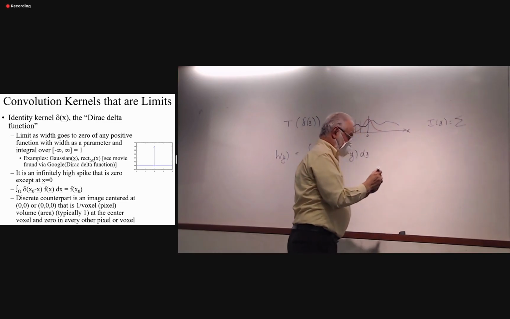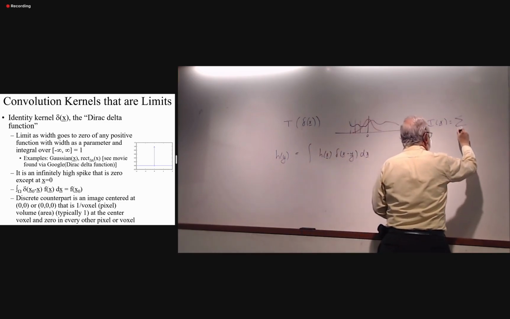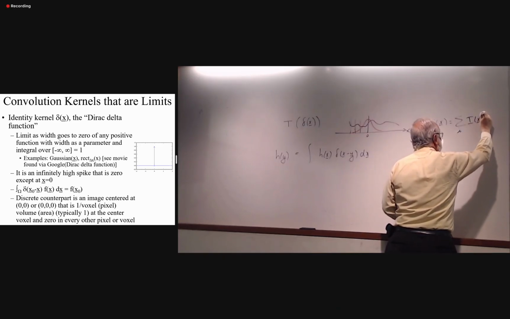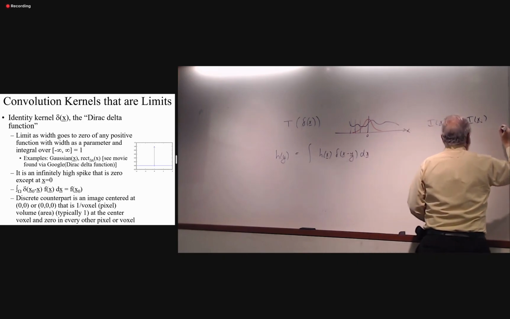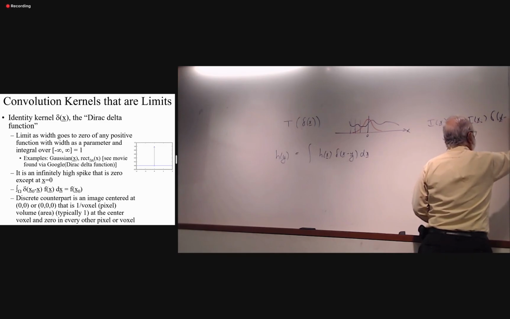So I of x equals sum over i of x sub i times delta of x minus x sub i.